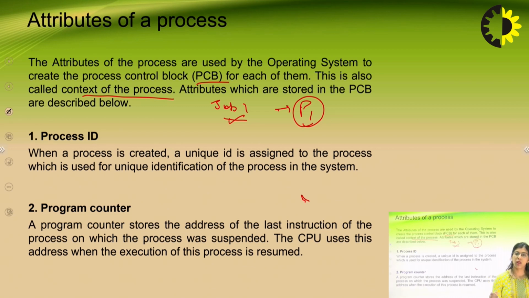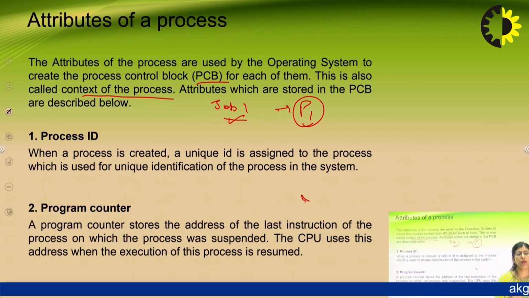In that case, the low priority process gets interrupted. So the state of the process needs to be stored somewhere, so that when this low priority process again gets the CPU, it will resume its working from the last instruction executed. So this information is stored in the program counter.